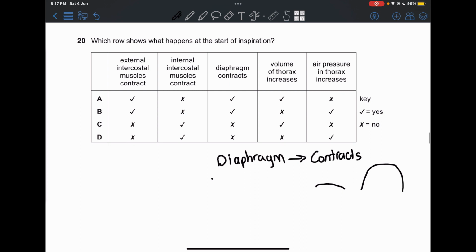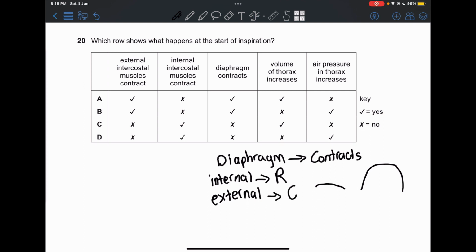Now the internal intercostal actually relaxes, and it's the opposite of the external intercostal muscles. So it's going to be relaxed, and the external is going to be contracted over here.